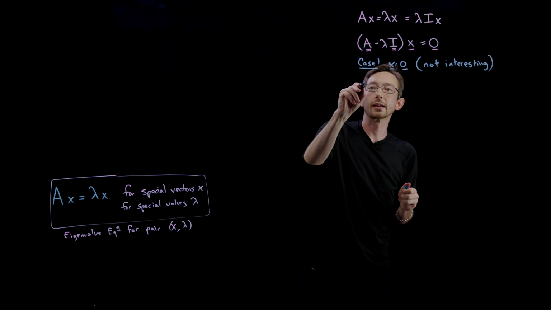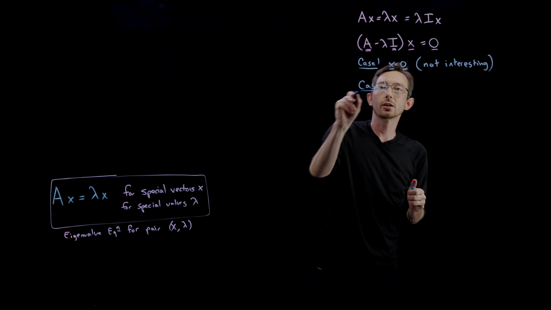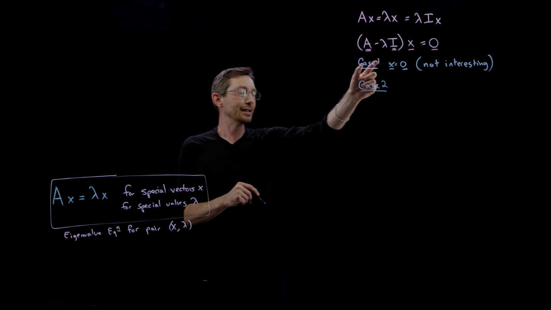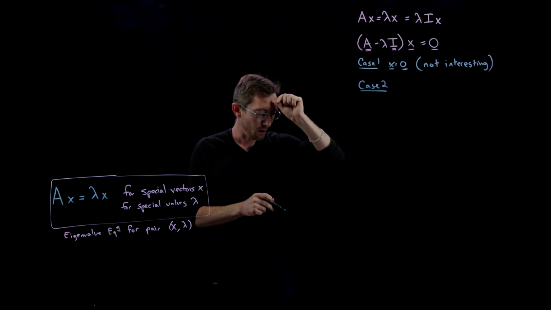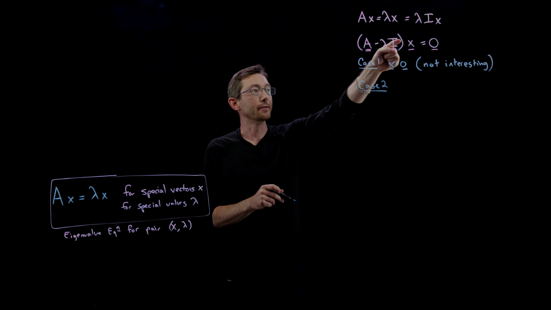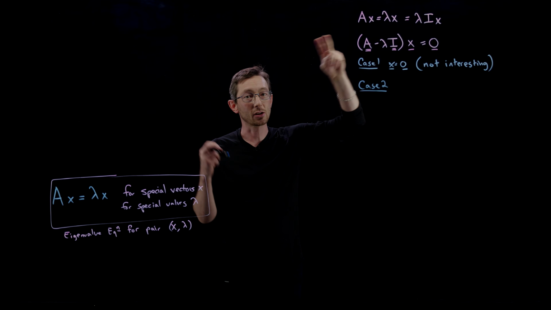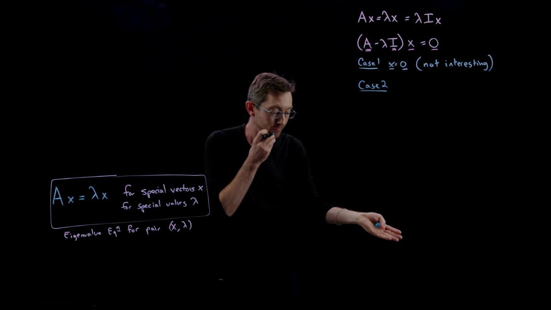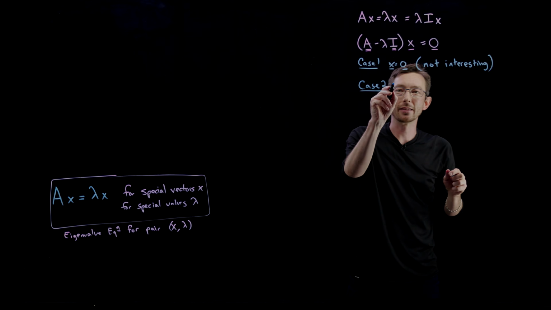Case 2 is more interesting. The other way that this can be equal to 0 is for x to not be 0 and for this matrix to be what's called singular, meaning it maps certain vectors to 0. Okay, I'm going to write this out and then I'm going to explain it.